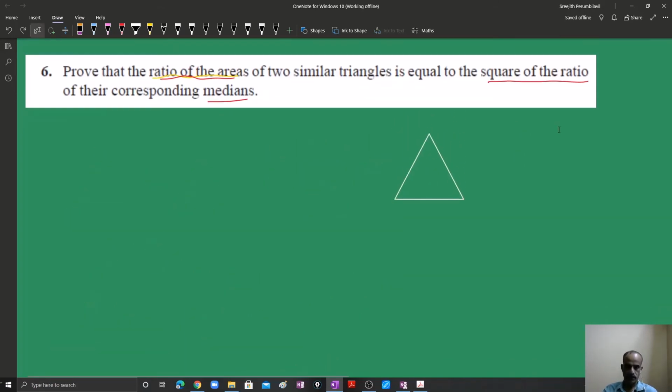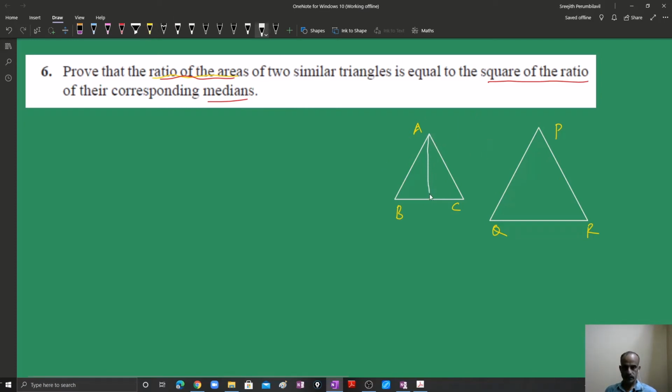Let us consider two similar triangles, that is triangle ABC and triangle PQR. The ratio of the area of two similar triangles equals the square of the ratio of the corresponding medians. We will draw medians also.